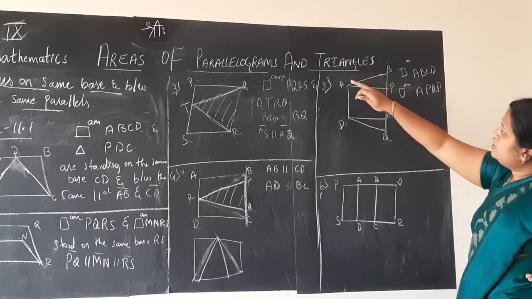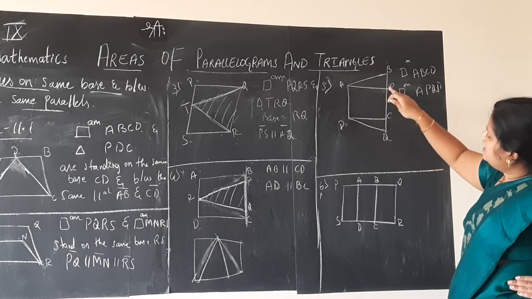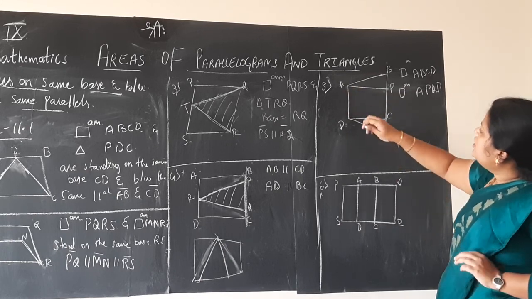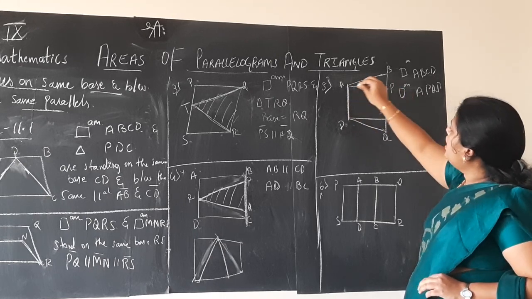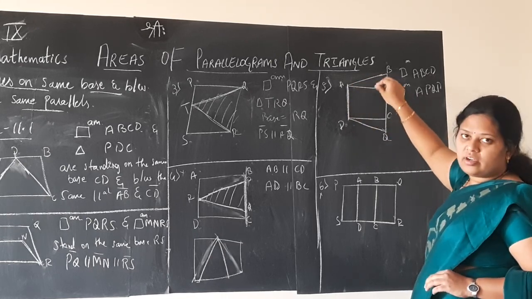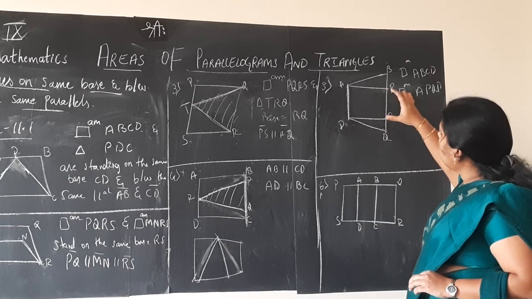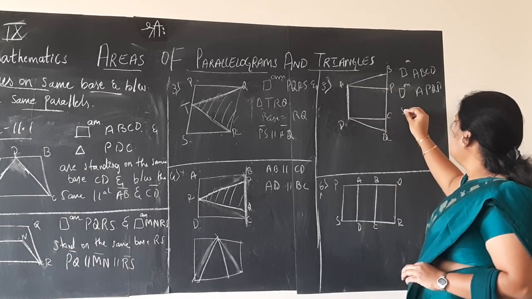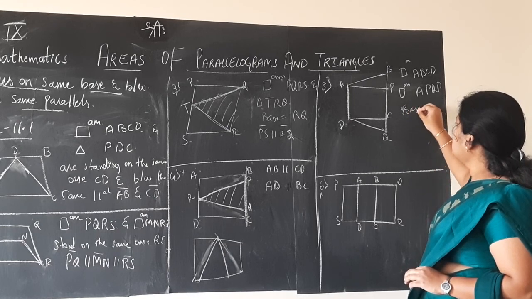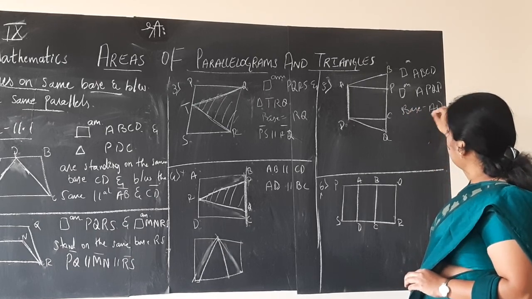Now, of both the parallelograms ABCD and APQD, they have the same base AD. Though you have two separate parallelograms, children, they are meeting at the common side AD. So they lie on the same base, which is AD.